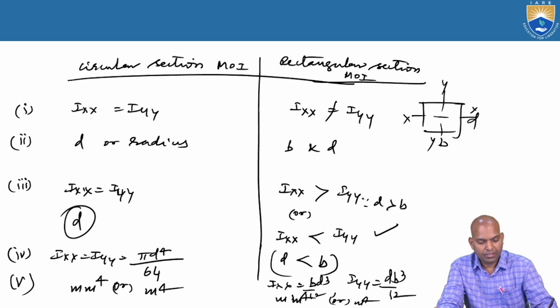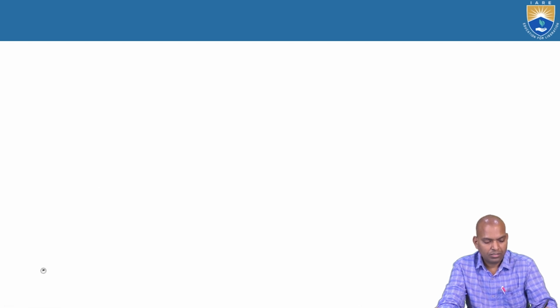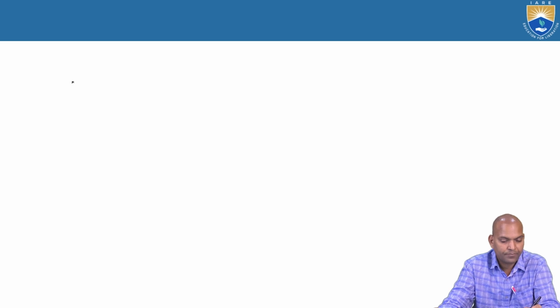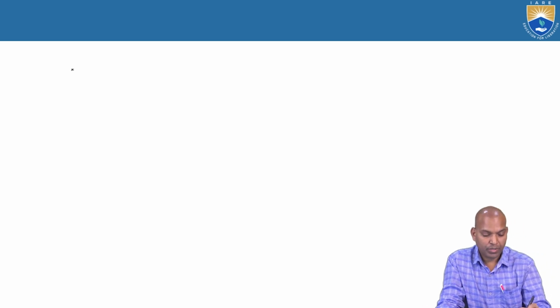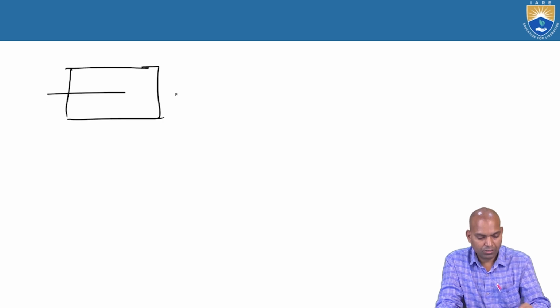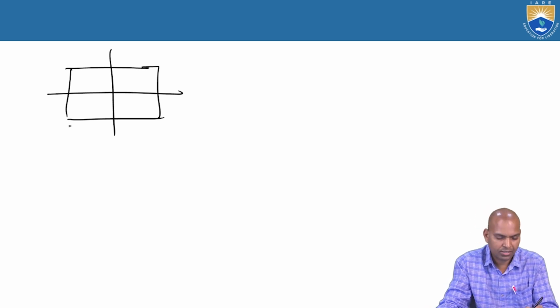Now, one more important point is that so far you have studied only the moment of inertia passing through the centroid, for the circular section, rectangular section, hollow circular section and hollow rectangular section.